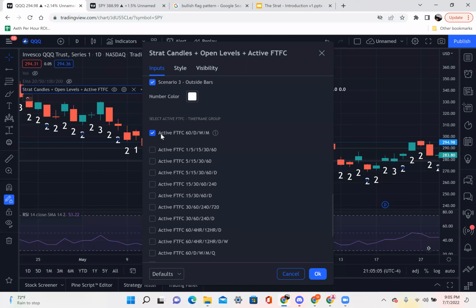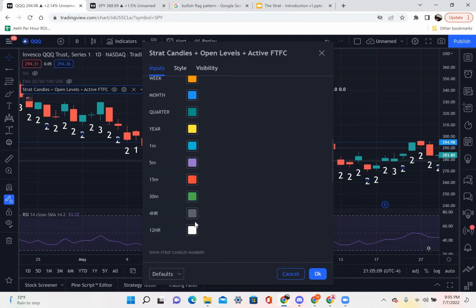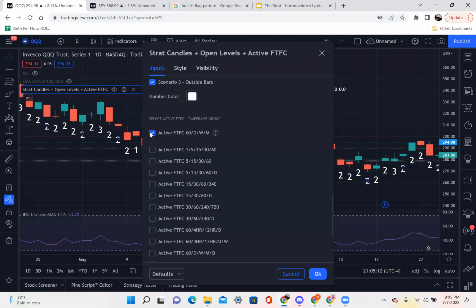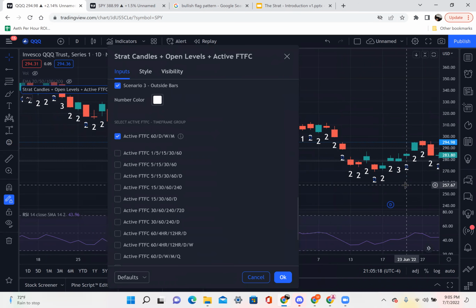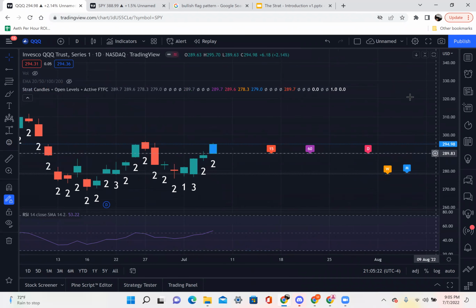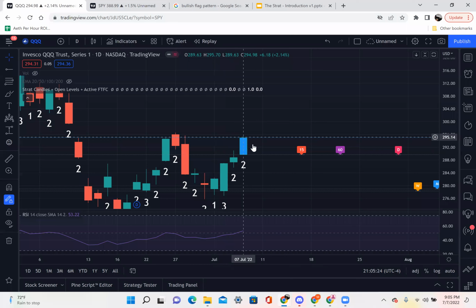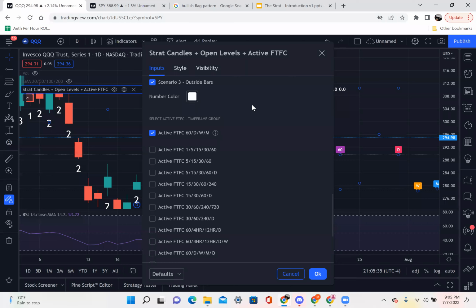The first one was already selected for you, and that's just to make sure that it's populating on your screen. I'm going to move this so you can see. This is why you see this last candle blue instead of just green or red. It's because it's full time frame continuity to the upside.